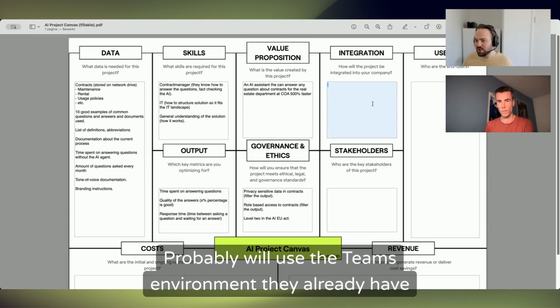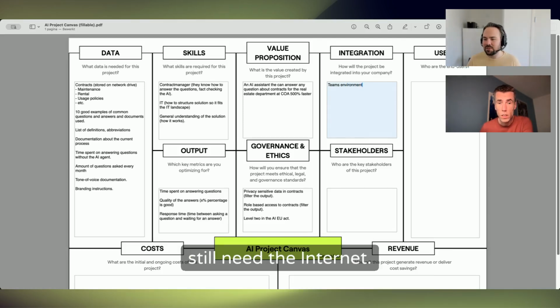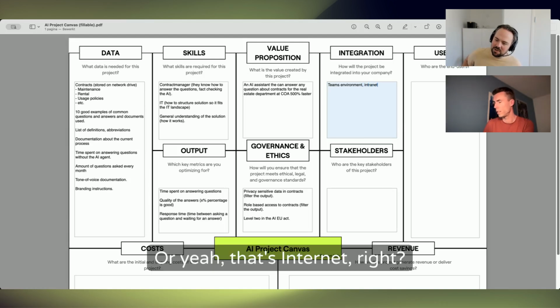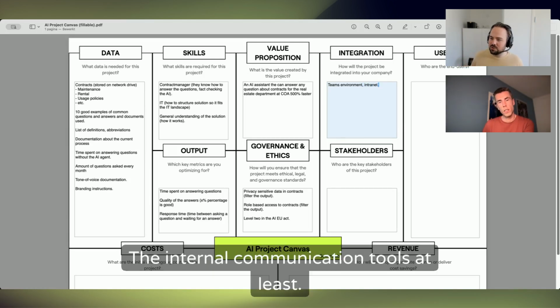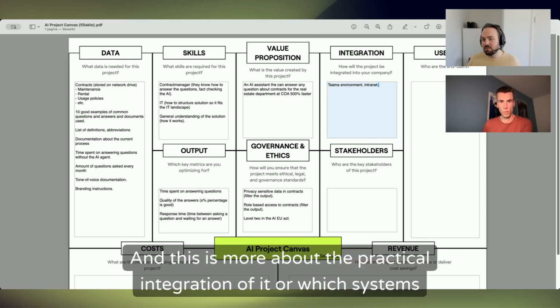will use the Teams environment they already have internally for communicating with each other, or the intranet environment. The internal communication tools, at least. And this is more about the practical integration of it, or which systems we need to integrate.